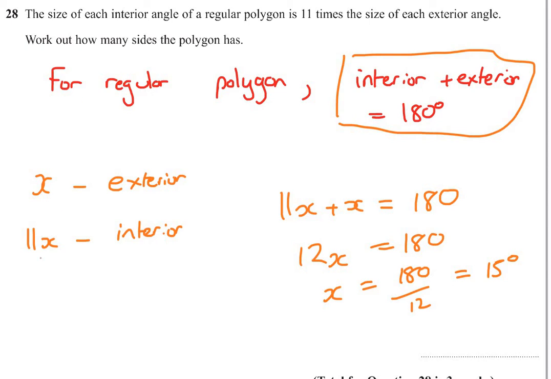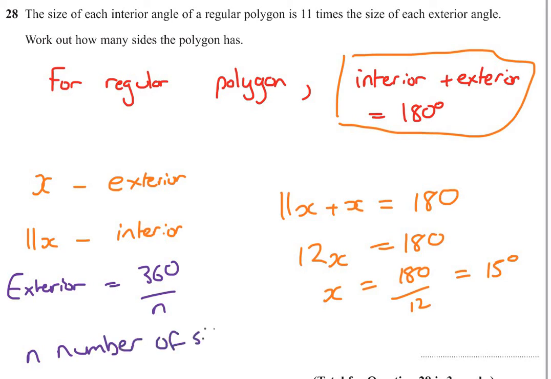Now, another thing we know is that the exterior angle is 360 divided by n, where n is the number of sides. Okay, so all we have to do, we know the exterior angle is 15 now.